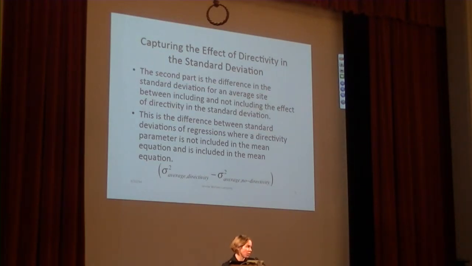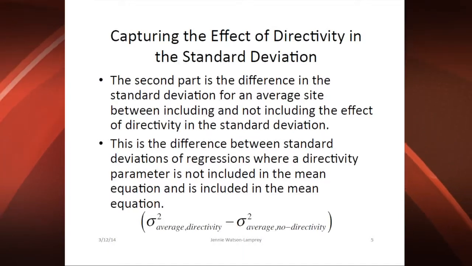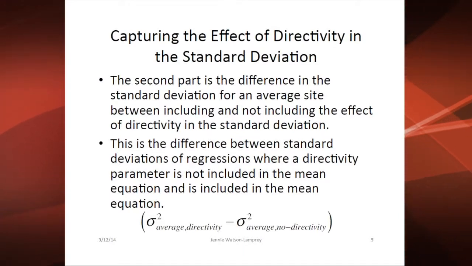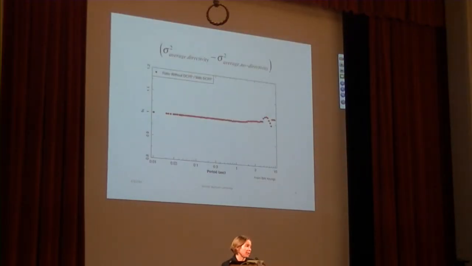If you took directivity out of the mean, we would expect the standard deviation to go up, because there's variability in the ground motion that you're no longer predicting with your mean. This difference was estimated by Bob Youngs for the Cho and Youngs relationship.